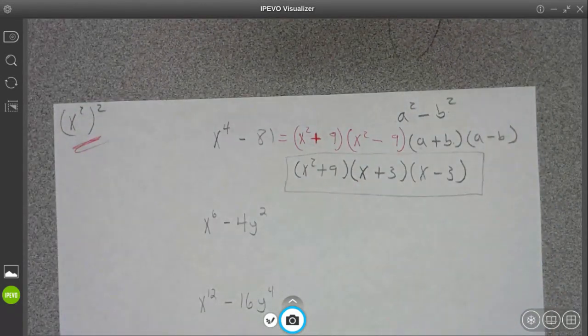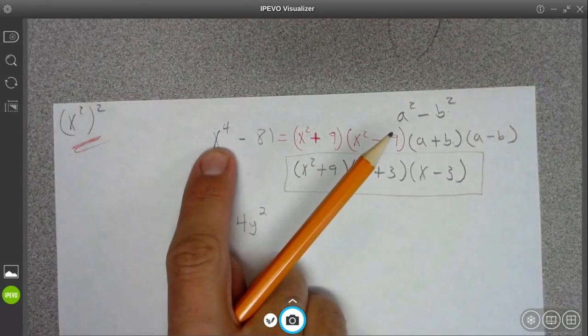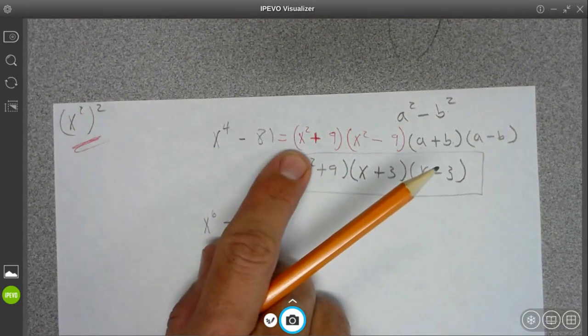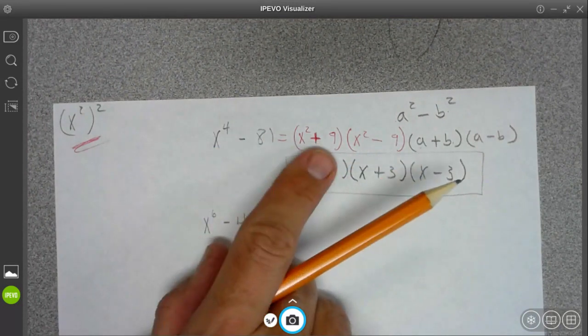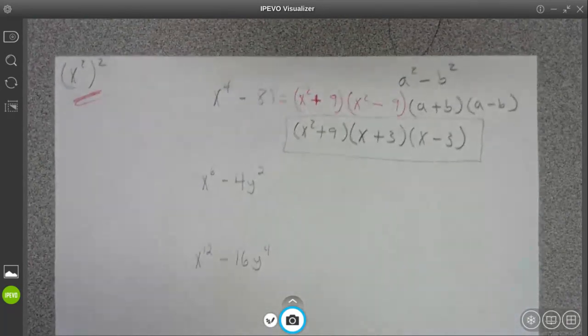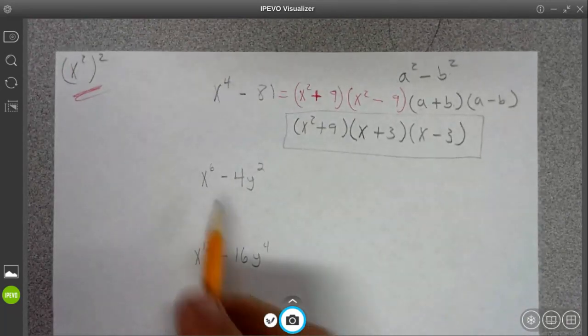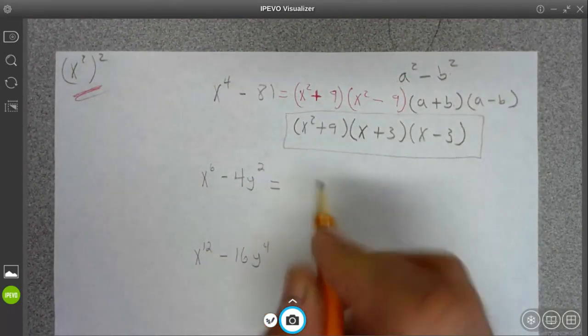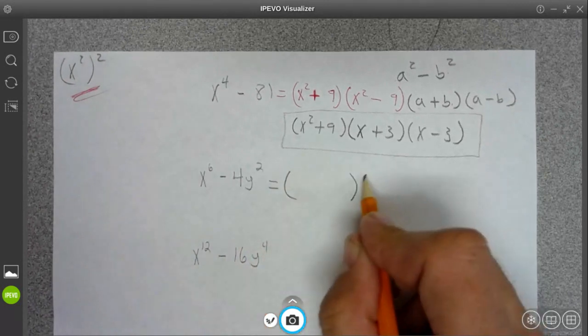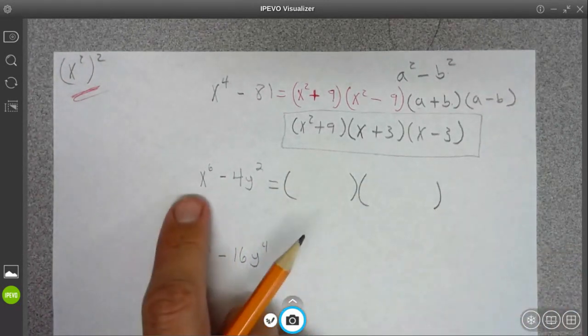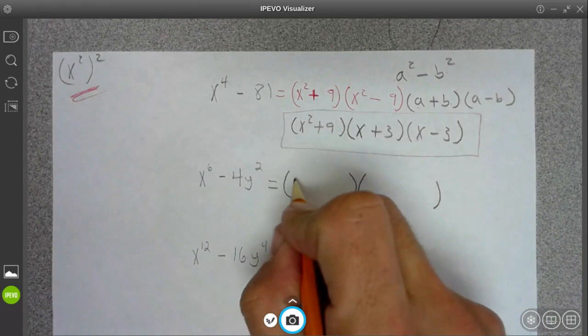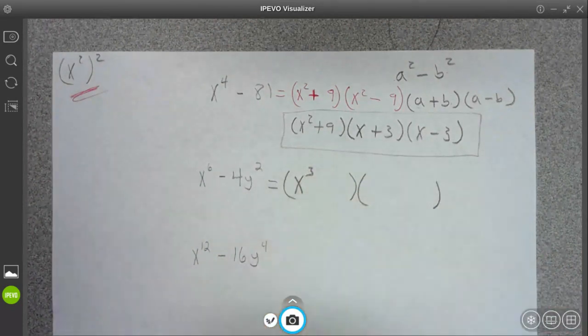Okay. So we took the square root of x to the fourth, and that was the x squared. Square root of 81 was the 9. Here we're going to have, what times itself will give you x to the sixth. That's going to be x to the third. Remember, you add the exponents.